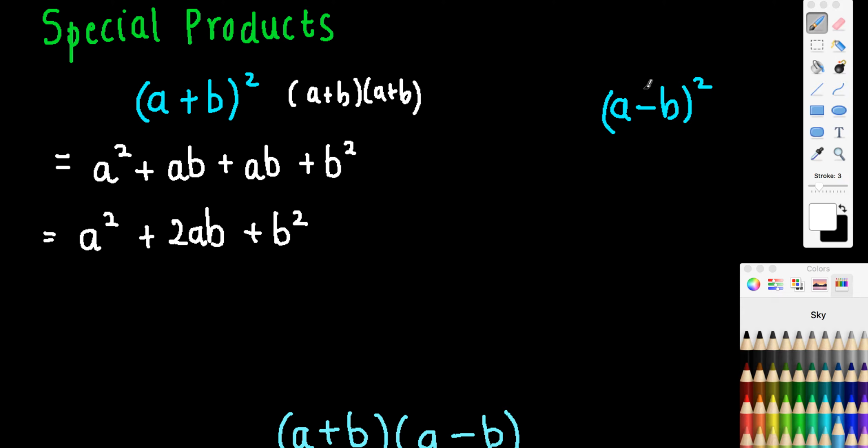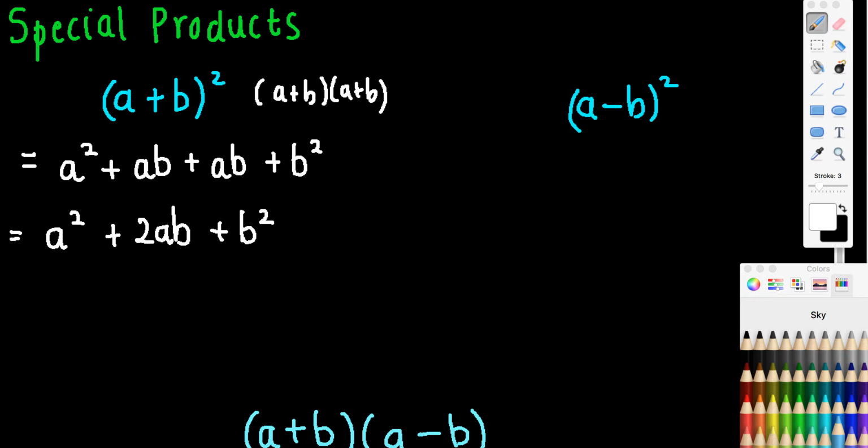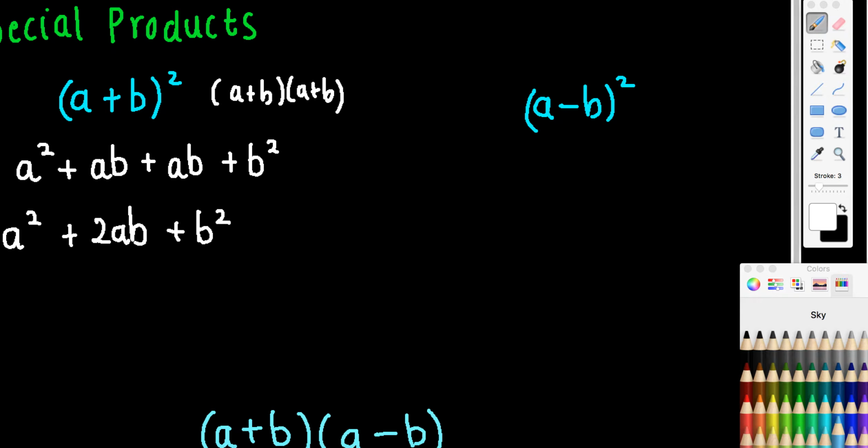Likewise, if I consider (a − b)², that would be (a − b) by (a − b). Let's do this again because it'll have a slightly different result to before. First term a², then we're going to have a by negative b, so negative ab.